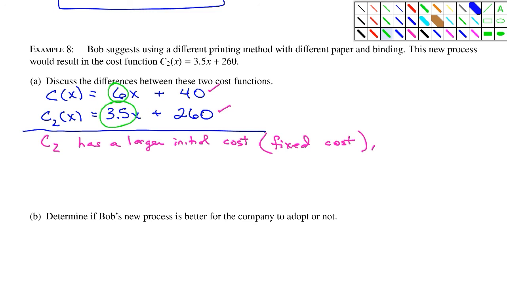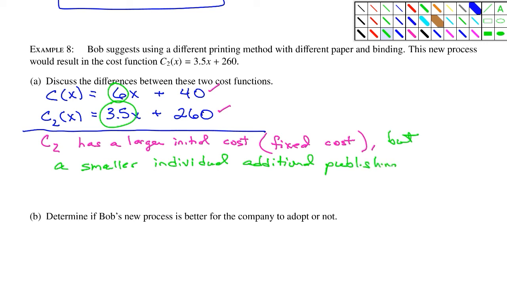So I would say C2 has a smaller individual additional publishing cost, and that's per book. So those are some things that I observed.